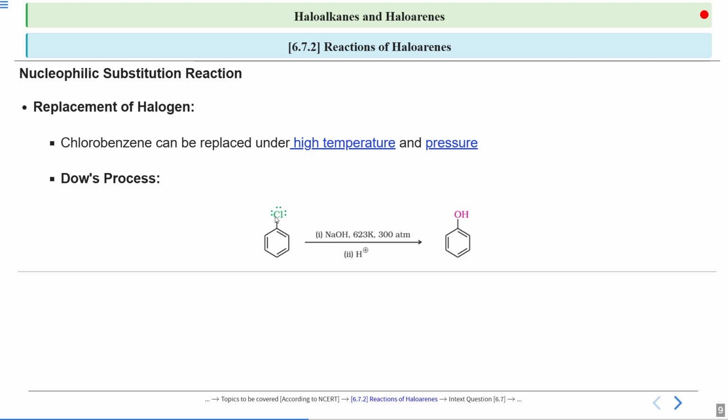This chlorine will be removed under the very high temperature and pressure conditions. This process of conversion of chlorobenzene under these special conditions into phenol is known as the Dow process.